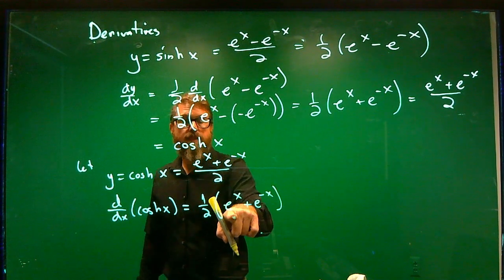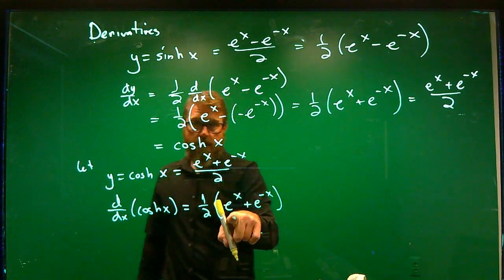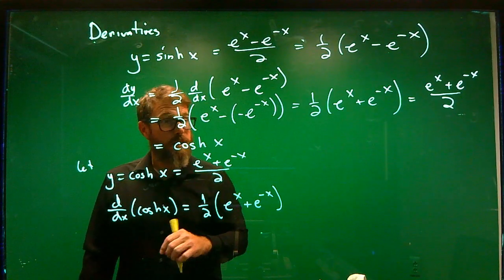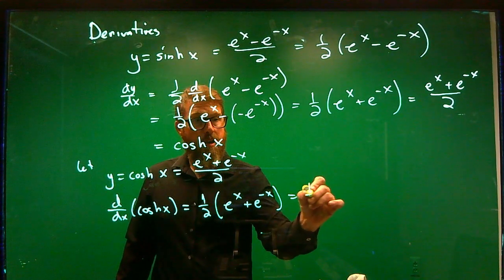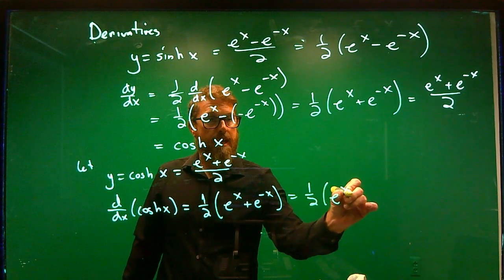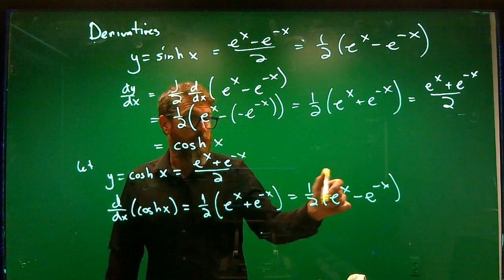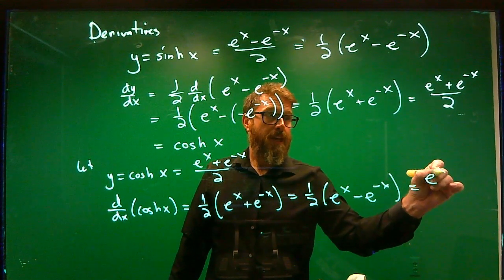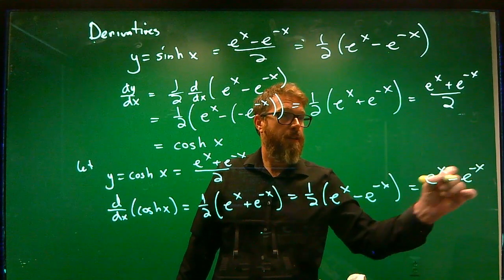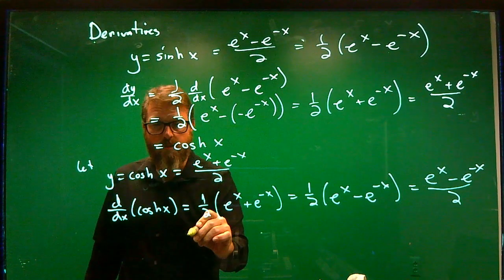The derivative of e to the x is e to the x, and the derivative of e to the negative x is minus e to the negative x. So this is 1/2 times (e to the x minus e to the negative x), which we can see is just the hyperbolic sine, because this is all over 2. So this is equal to the hyperbolic sine.